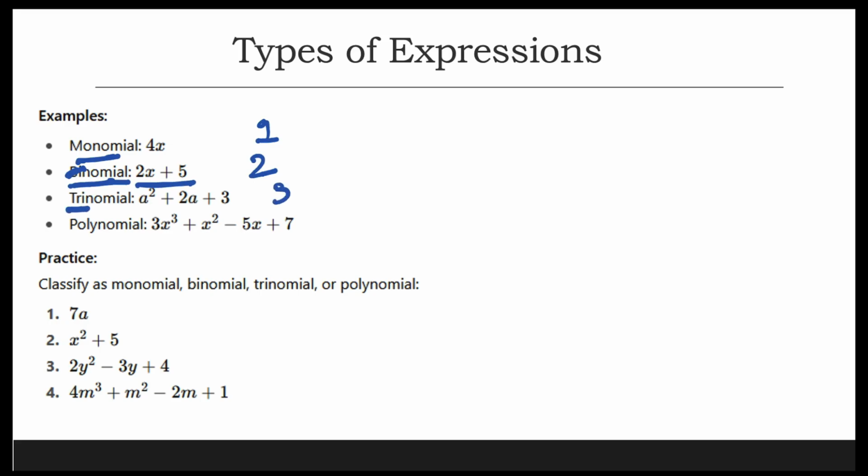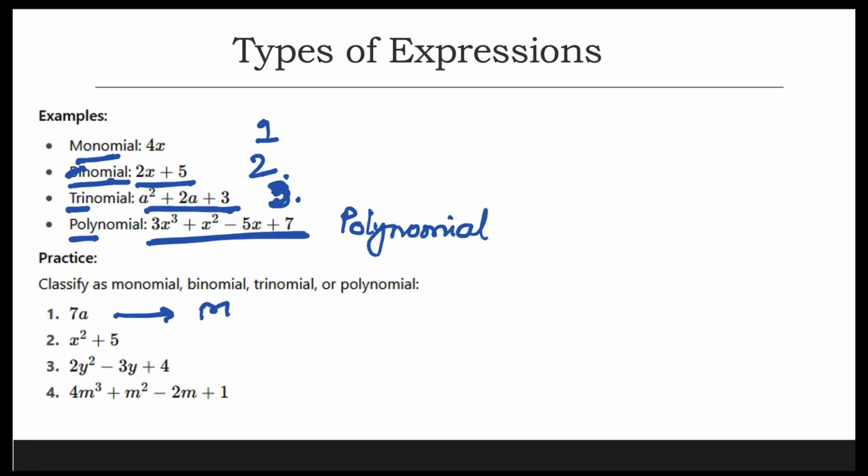Tri means three. So if there is an expression which has got three terms, then that is a trinomial. Poly means many. So till three we will call mono, bi, and tri. After that, anything is a polynomial, right?